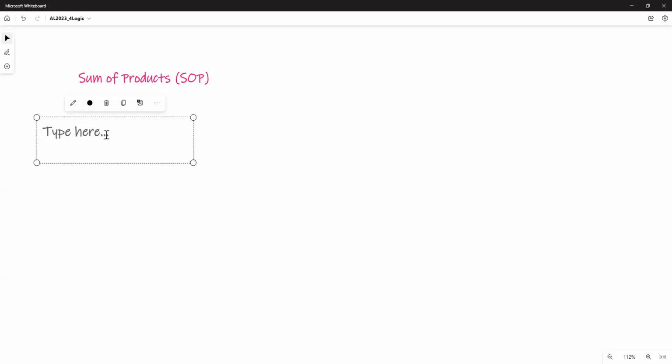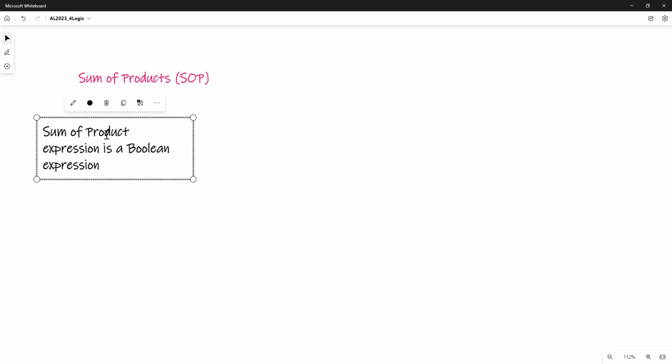Let's say sum of product expression is a Boolean expression in a specific format. Right? In a specific format.